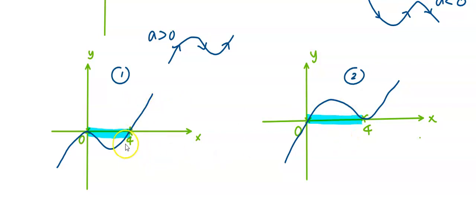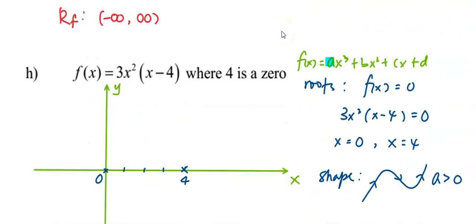We can use a number between 0 and 4 to test the value of y. For example, I take the value of 1. The 1 is between 0 and 4, right? So I substitute the 1 into the function and now we calculate the value of y. When x equals 1, we get 3, and 1 minus 4 gives negative 3, so you get negative 9.